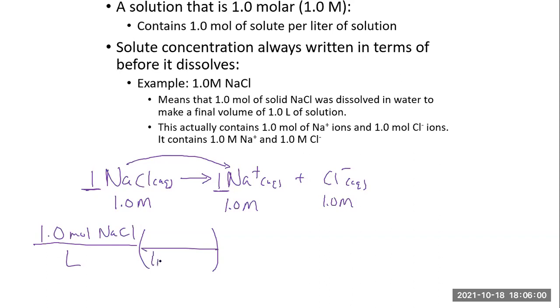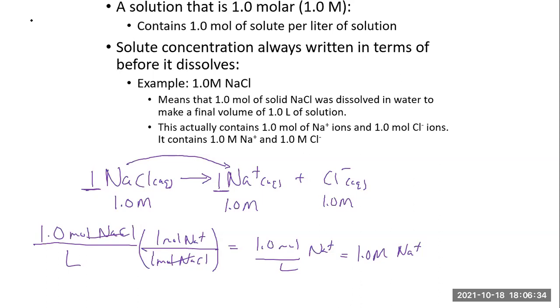For every 1 mole of the whole thing, we get 1 mole of just sodium ion. Moles cancel, leaving us with 1 mole per liter of the sodium ion, which is the same as 1 molar of the sodium ion. That is the long version of how you do that calculation. The short version is it breaks apart into a 1-to-1 relationship. You multiply 1 by 1 in this case, and you get the proper concentration of the ion.